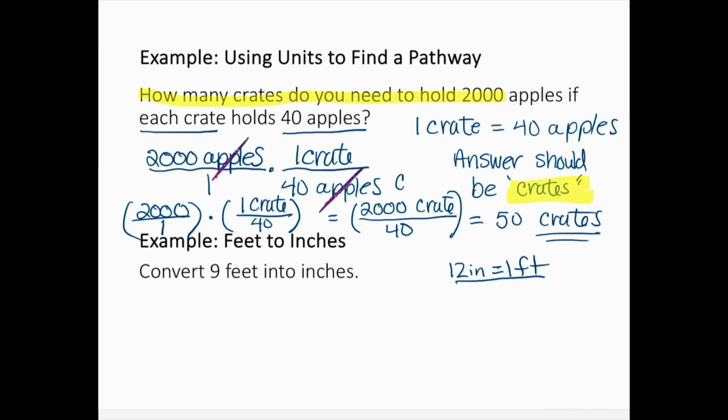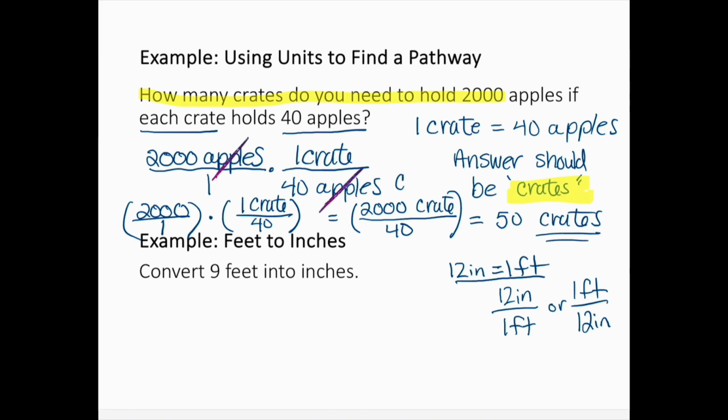Now I know I could use either 12 inches over 1 foot, or I could flip it upside down and use 1 foot is equivalent to 12 inches. We just want to make sure that we pick the correct one that gives us what we want when we're solving the problem.